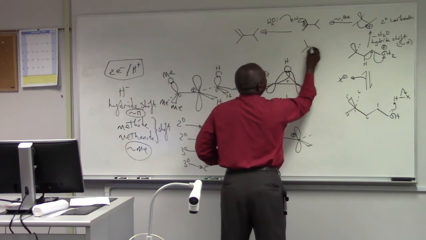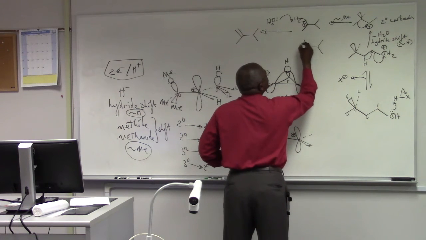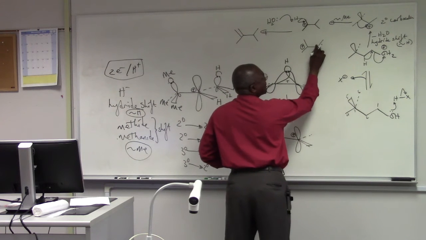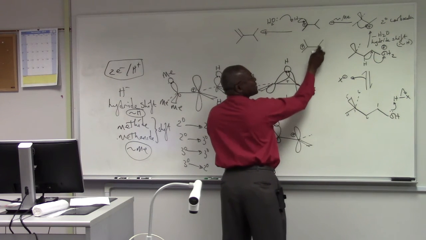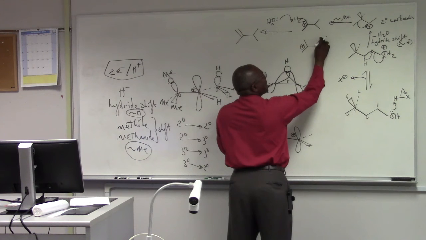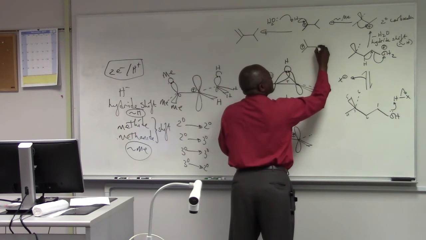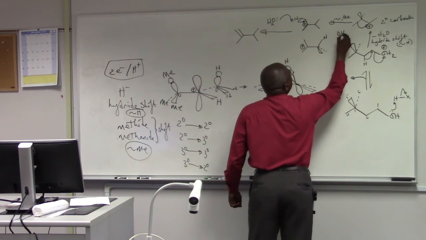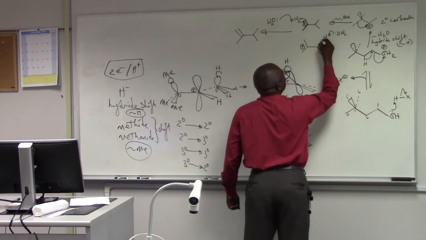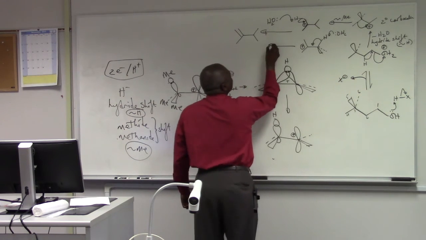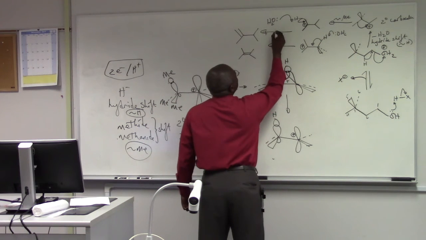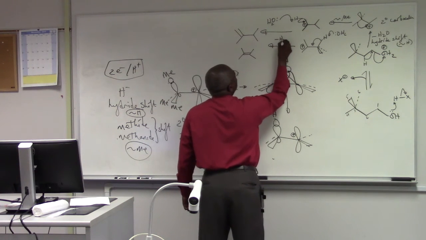But this carbocation can give a second option. There's an H on this carbon, and so there are two methyls and an H. I'm going to slightly redraw this so that the methyls are down and the H is up. So the water molecule can also attack in this fashion, generate this alkene. And in both cases, I'm going to lose H3O+.